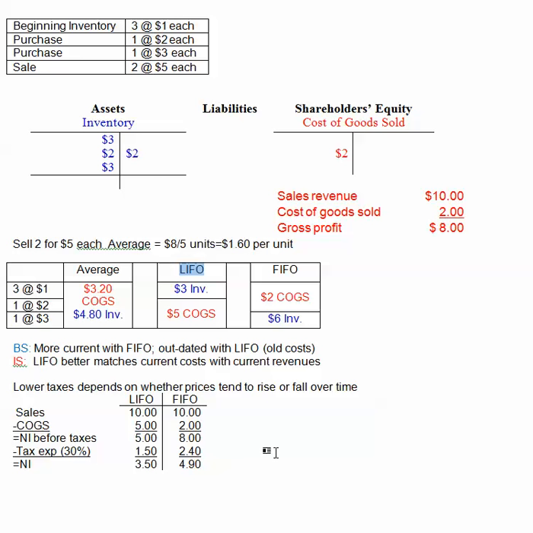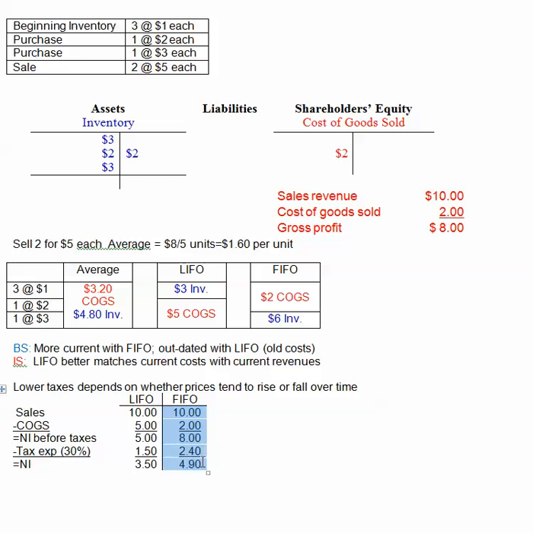So even though FIFO makes you look better profit-wise, let's take a look here. With FIFO, our gross profit was $8, assuming no other kinds of expenses. We're just doing this to show an example. If taxes were 30%, then they'd be paying $2.40 in taxes.